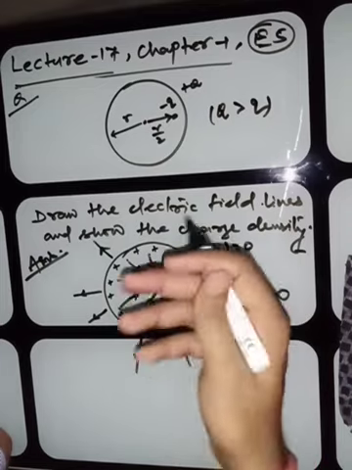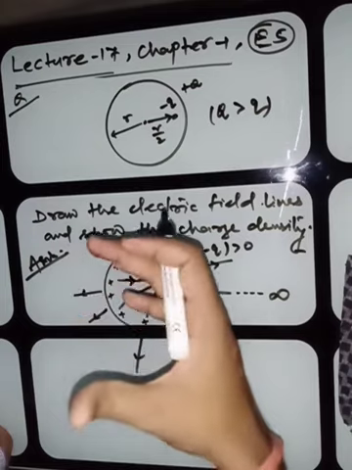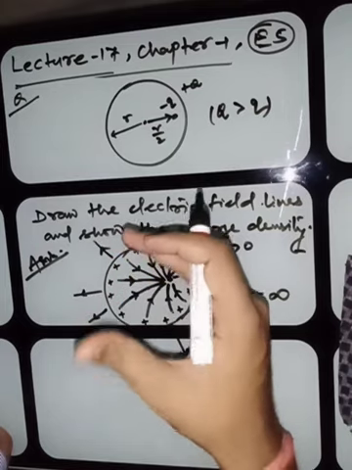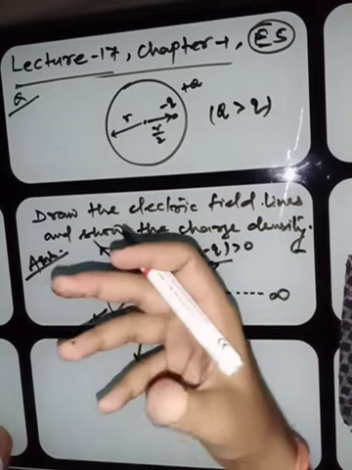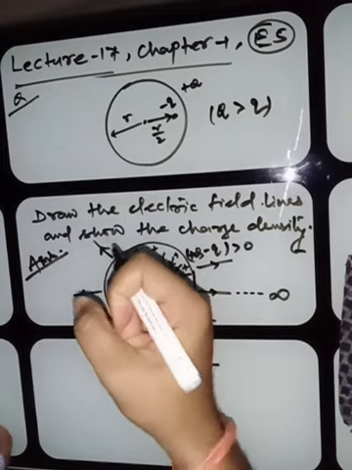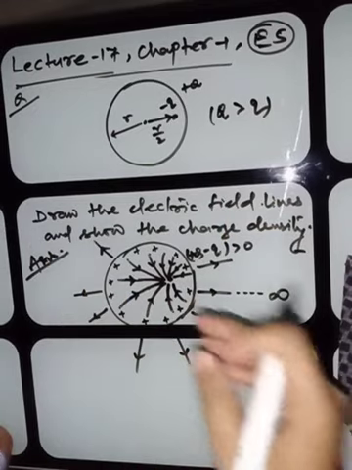Okay student, so these are the simple concepts of electrostatic shielding and the conductor. In the next class we will study how to distribute the charge over the plates. Okay student, so this is all about today's lecture. Thank you, student.